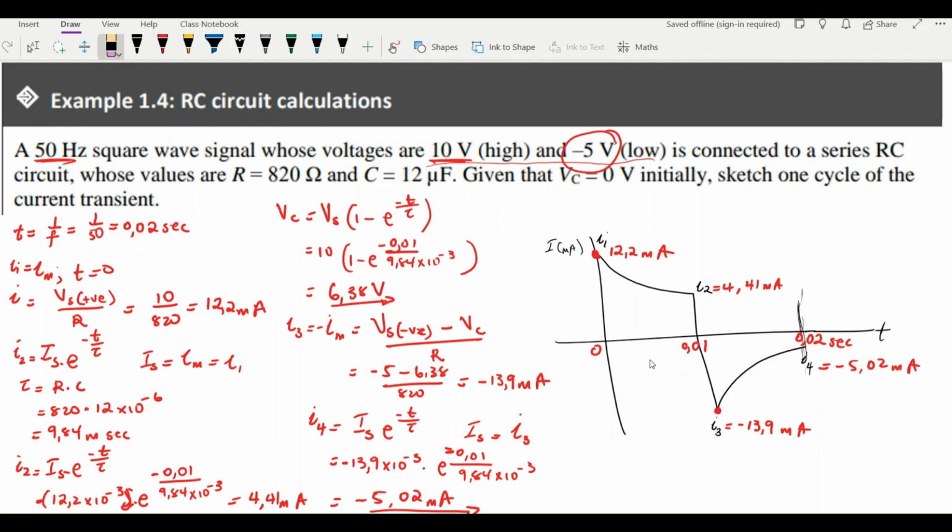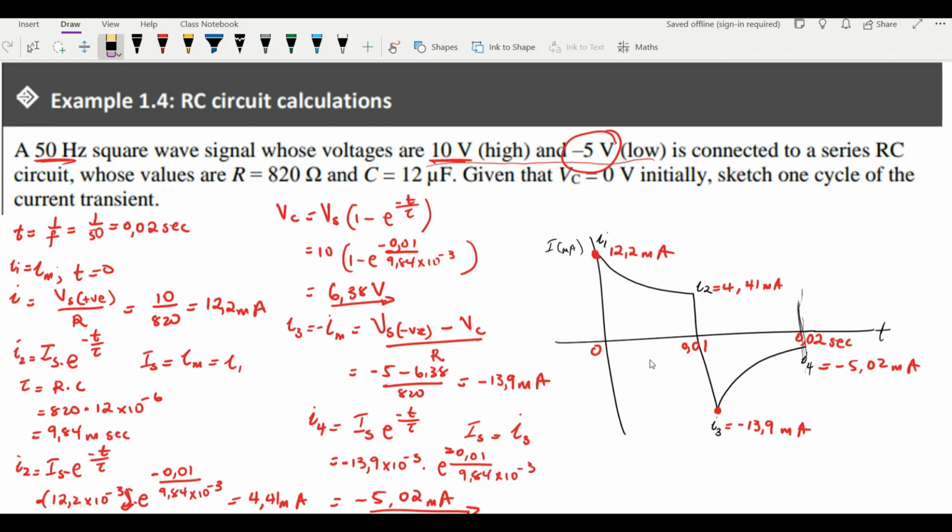Now, this type of problem will occur much more than you can imagine in the exam room. First, understand how the diagram should look, the shape. Basically, this is what the exam question would require us to do for one cycle of the current transient. First, calculate your I1, which is equivalent to Im, that is your maximum current before going low.